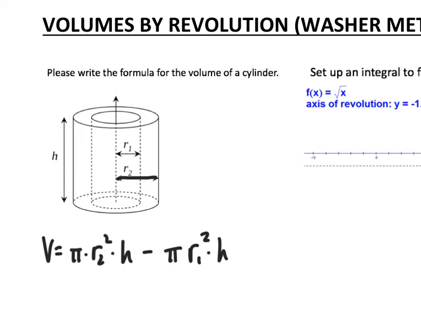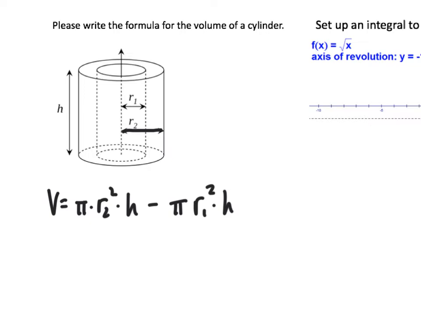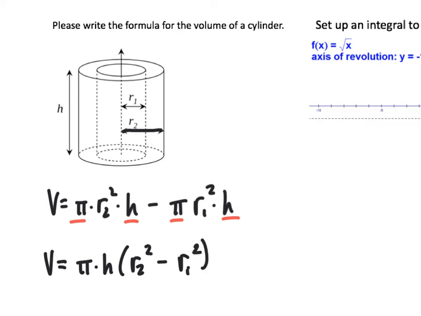Now, what I can do here is that I have some things I could factor out. I could factor out a pi and an h from each of those terms. So I could say that the volume is equal to pi times the height times r sub 2 squared minus r sub 1 squared, okay?